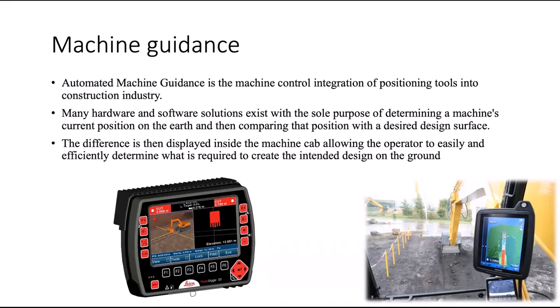So there's a modern technology called machine guidance technology. In that, you can see this type of screen in which you are able to see the XYZ location, shown in real time to the operator, so the operator knows where his bucket is.